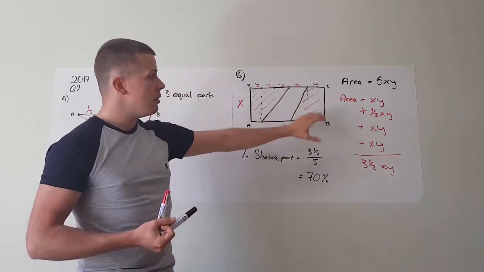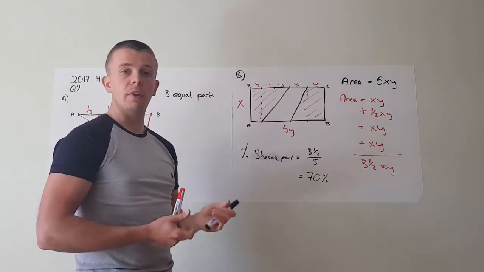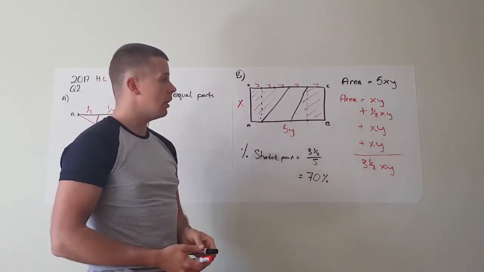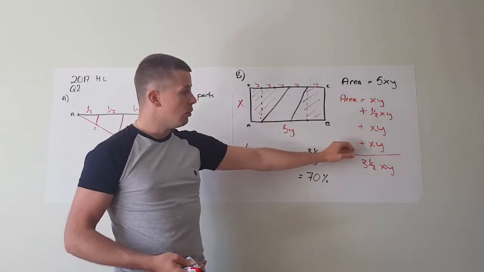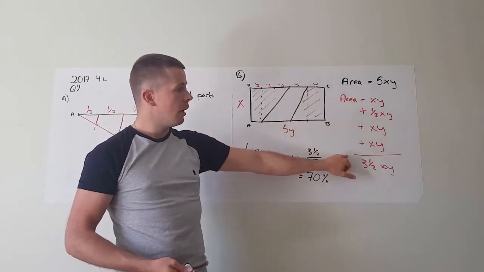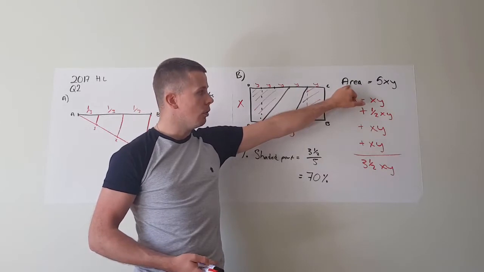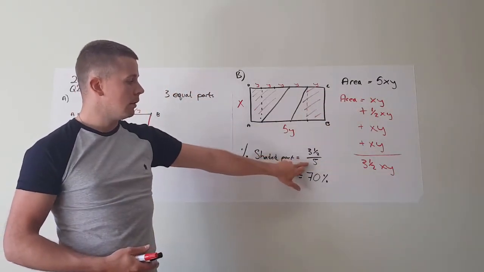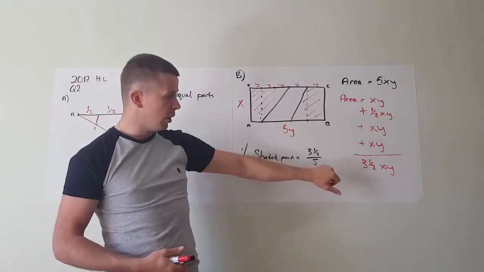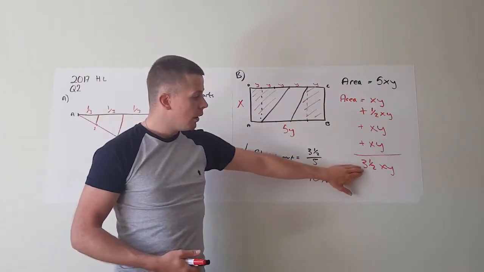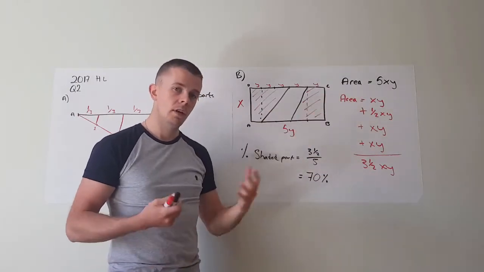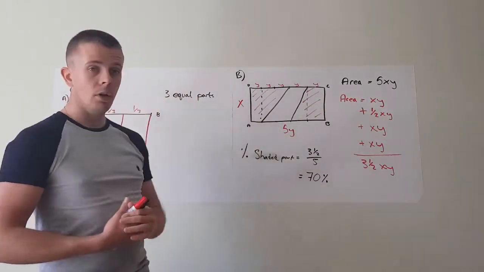For the shaded parts then, break your shape down into regular shapes that you can easily work out the area to. Get the area of the whole shaded part, compare that to the area of the overall rectangle, but the shaded part all over the larger part. Now I dropped my xy here because I'm only looking at how many times bigger or smaller is the 3.5 compared to the 5? And that's all you had to do for question 2.